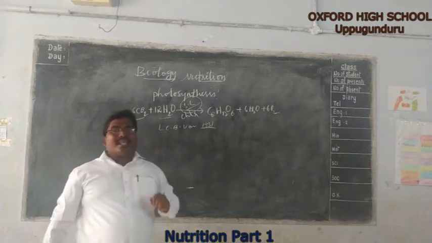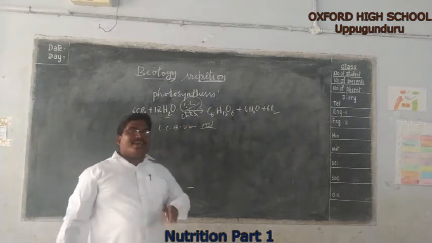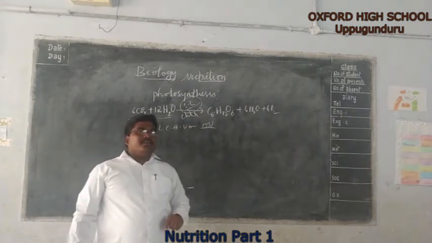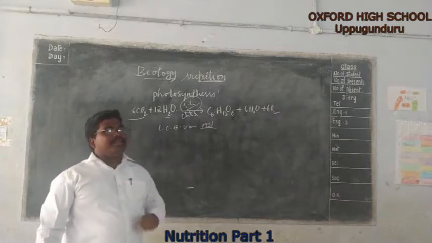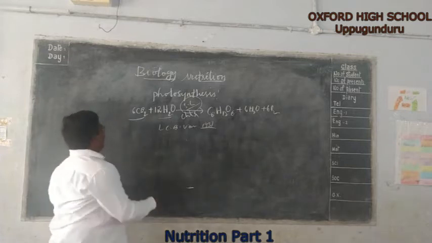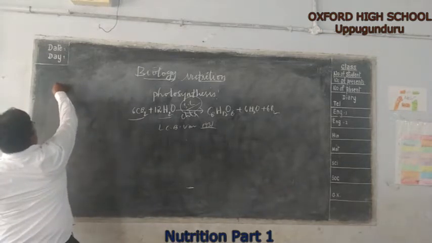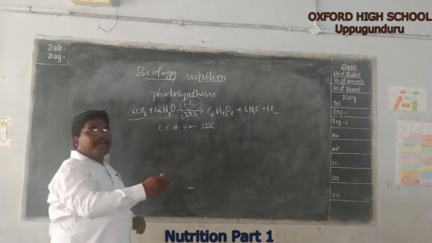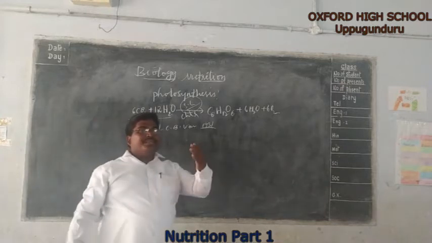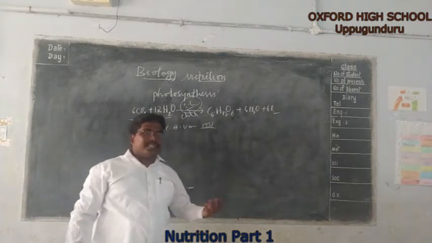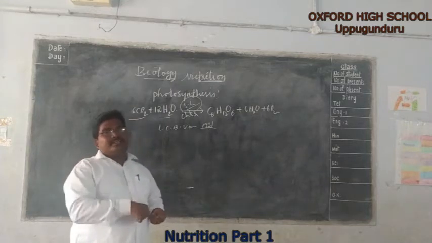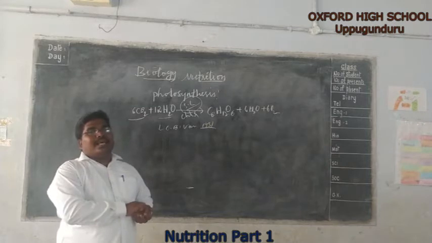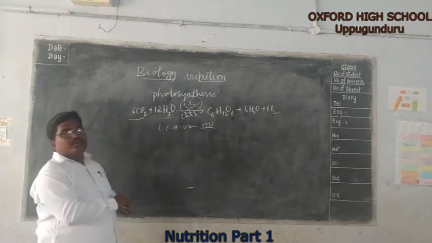On the basis of light, photosynthesis is divided into two parts: light-dependent reactions and light-independent reactions. Light is required to initiate several events in photosynthesis, while several events may not require light.